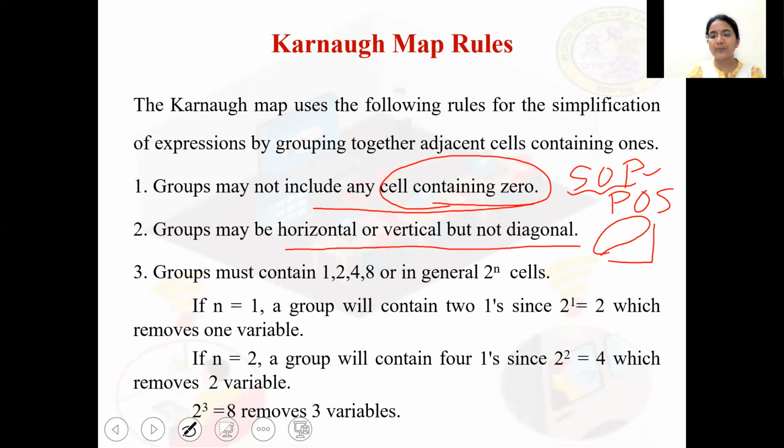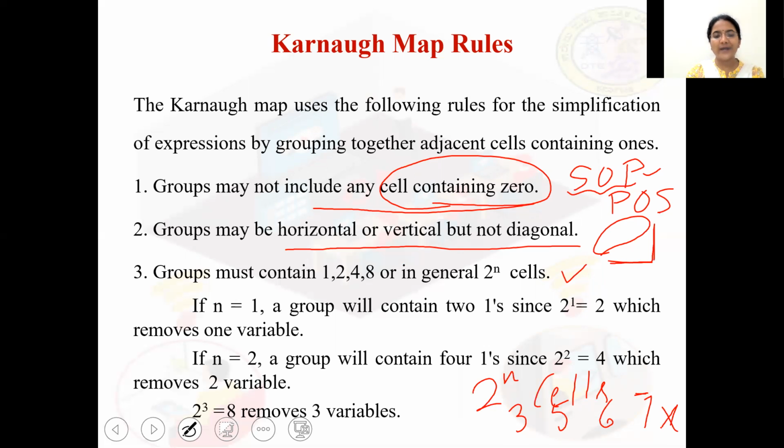Groups must contain 1, 2, 4, 8 or in general 2 power n cells. Other than this 2 power n number of cells, we should not make the grouping of 3, 5, 6, 7 cells, which is wrong.